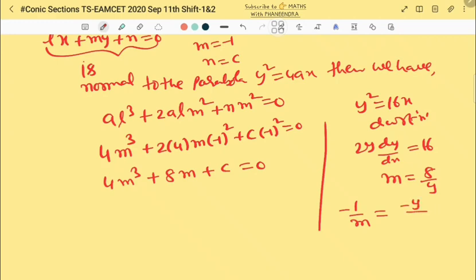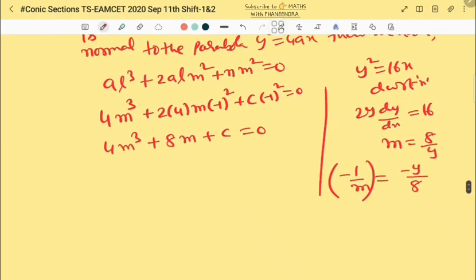At what point are we taking? 36 comma 24. Even plus or minus also if you take it, minus plus 24 by 8, which is equal to plus or minus 3 will come. So normal slope, wherever m is there, replace with plus or minus 3 whole square.